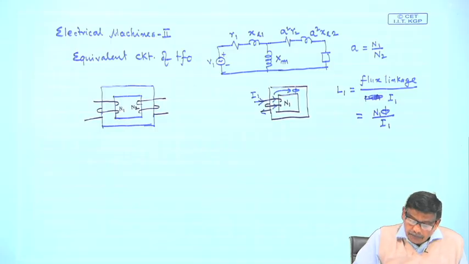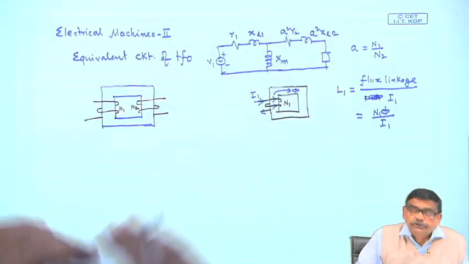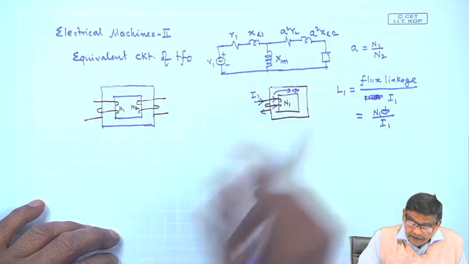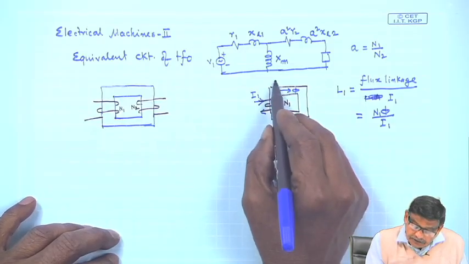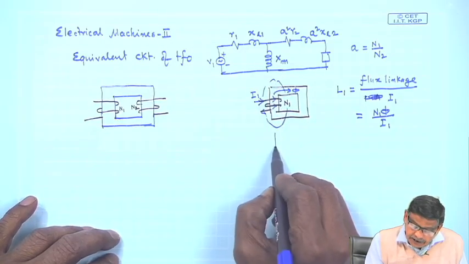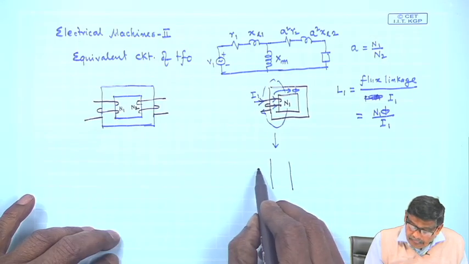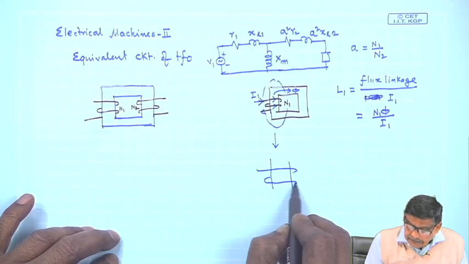Now, in a transformer what happens is this: the flux which will be created when a coil carries a current, if I draw this portion in a bigger way, it will be like this. This is the core, this is the turns.